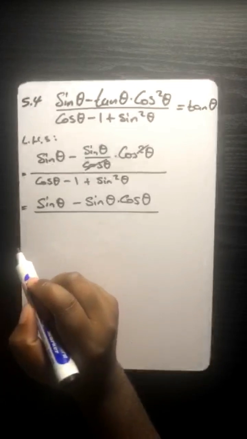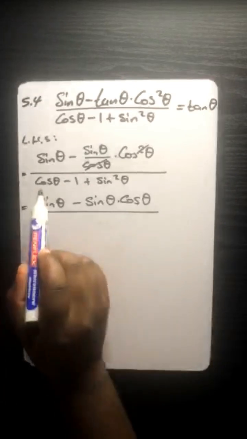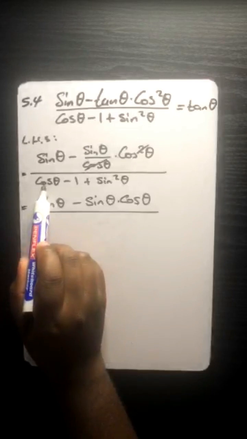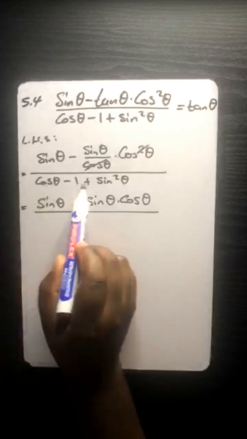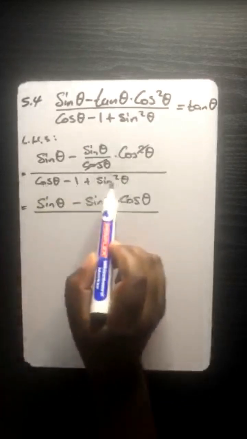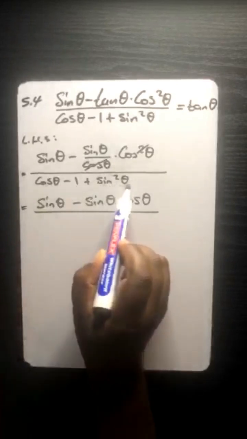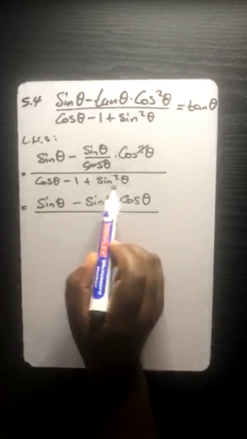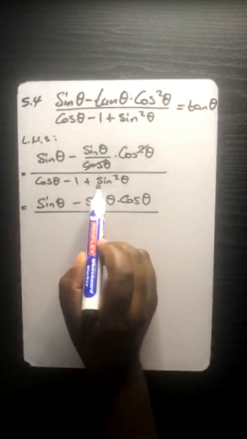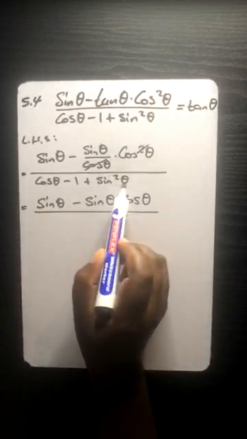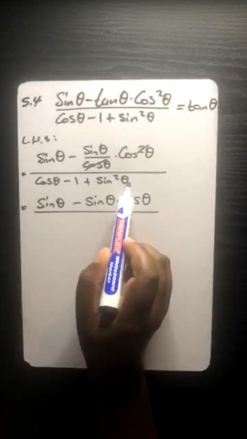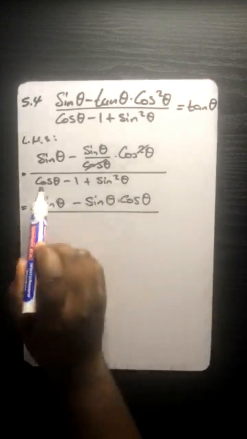When it gets to this stage, you realize you are having cos, you have 1, and then you have that. So now if we change this, the reason why we change it is because we realize if we can change this one, then we're going to have another cos which can be worked out with that cos there.